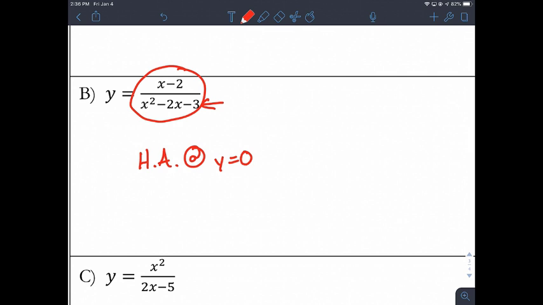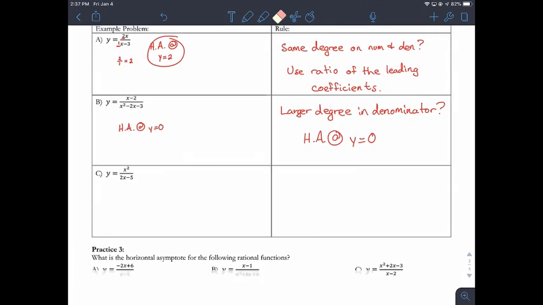For instance, 1 divided by 2 is 0.5, but 1 divided by 3 is 0.33, and 1 divided by 4 is 0.25. So as the number on the bottom increases, the number as a whole gets closer and closer to 0. So your horizontal asymptote states that your graph is going to tend towards 0, is all that means.